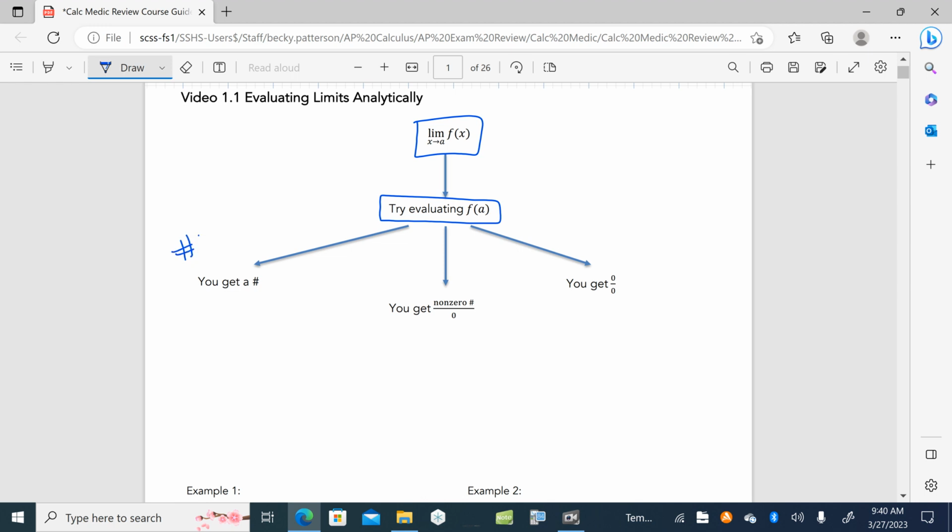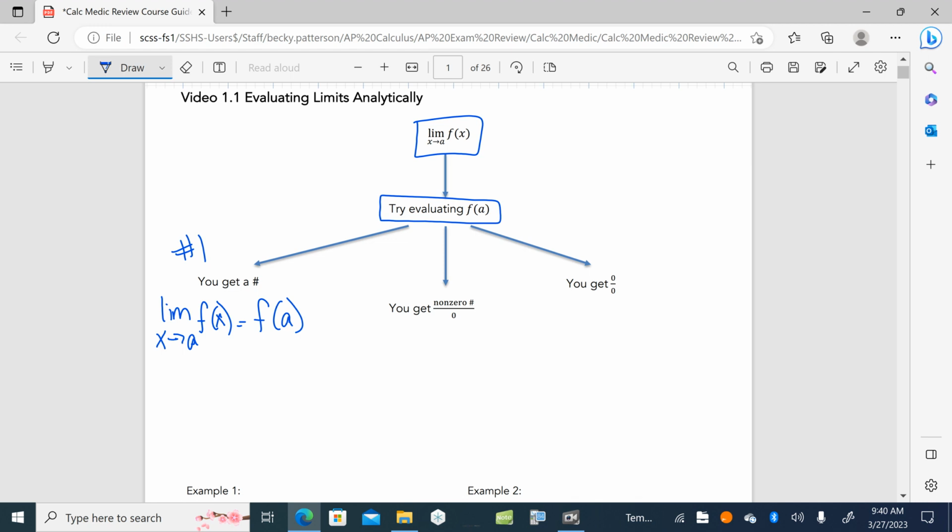The first thing that could happen, which is wonderful, is you get a number, meaning you plug a value into the limit, nothing odd happens at that particular place, and you get a number. So the limit as x approaches a of f of x equals f of a.